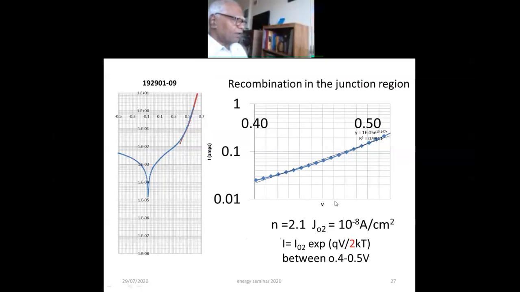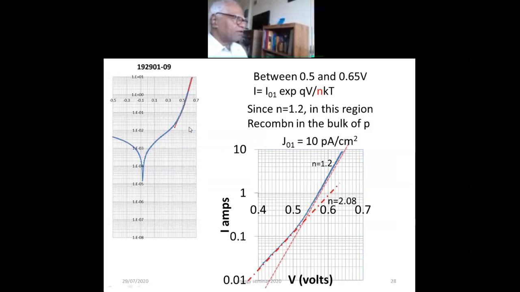Now, I'm taking this data from 0.4 to 0.5 eV, in this part of the curve, and you can see that if you plot this, this has an ideality factor of 2, and that means this part of the current is dominated by, all of it is going through those defects. However, if I go to a much larger bias, that goes as n of about 1.1 or 1.2, which is close to 1.